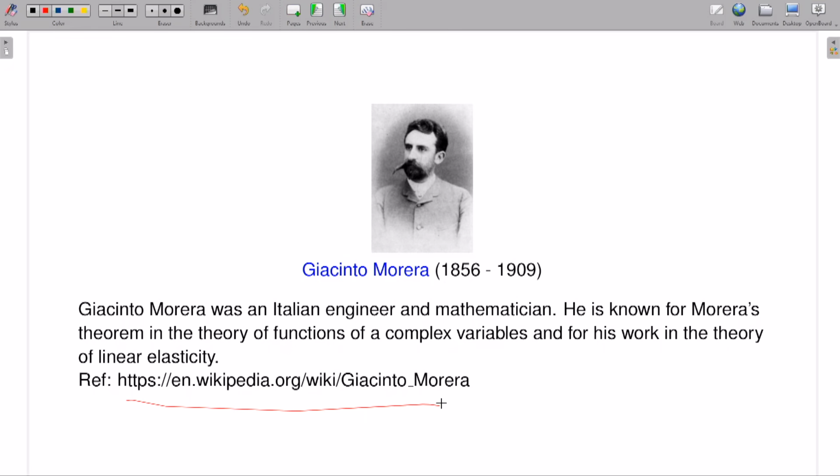For example, what is the Cauchy-Goursat theorem? If you remember, if I have a simply connected domain, and I take any simple closed contour, and suppose my function is analytic, then the corresponding line integral or contour integral is 0. Now Morera's theorem is somehow giving the converse of that.